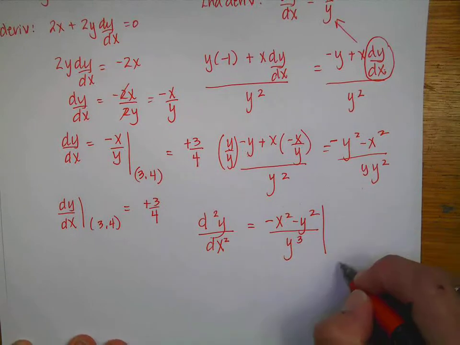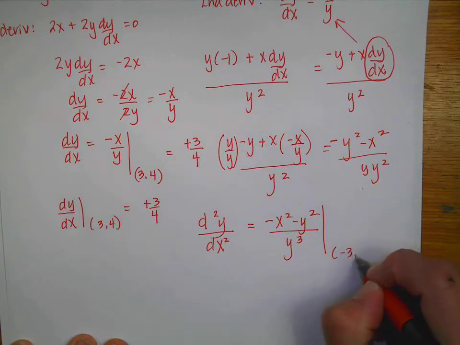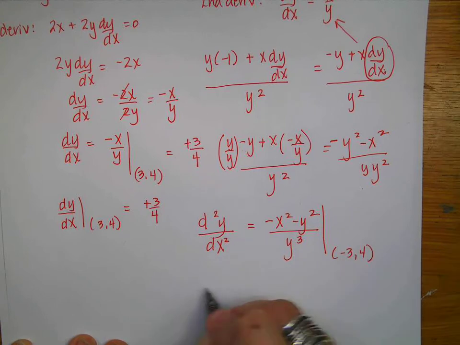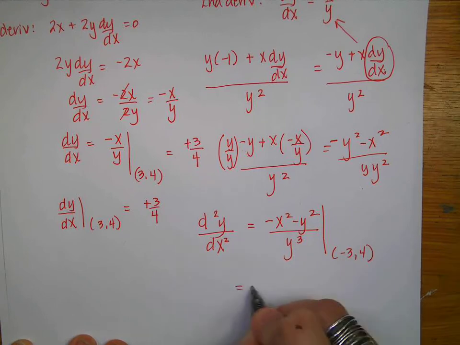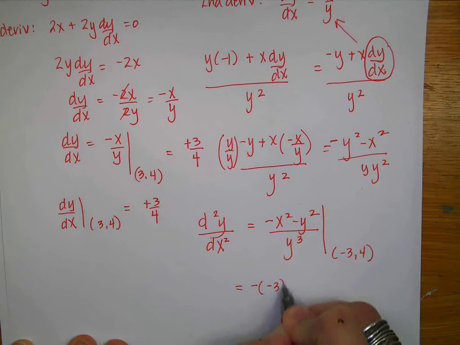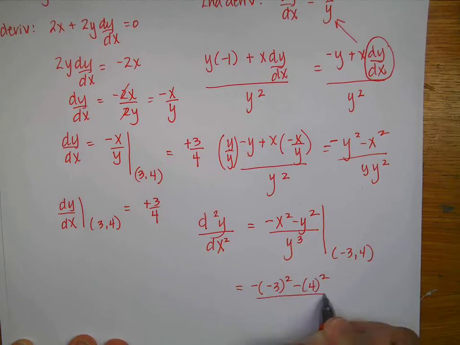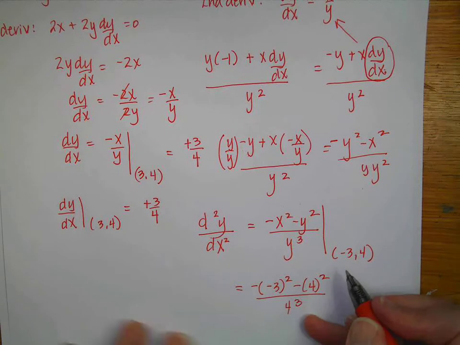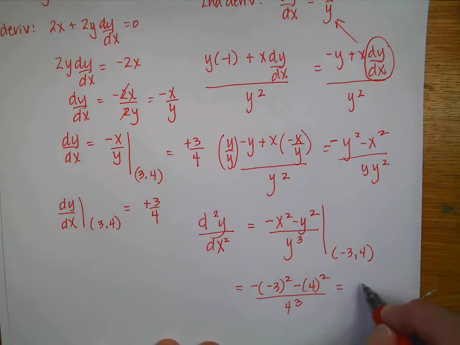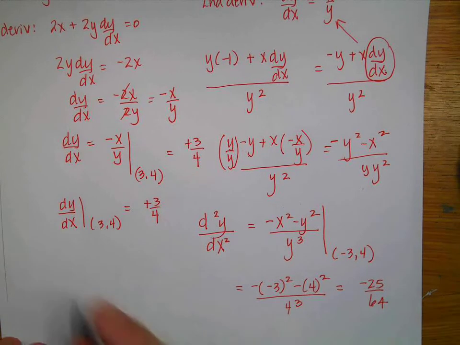Then I'm going to evaluate that derivative at the same point, -3, 4. So my second derivative is -3 squared minus 4 squared over 4 cubed, and that math turns out to be -25 over 64.